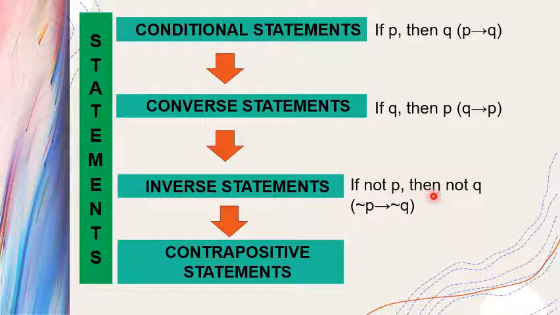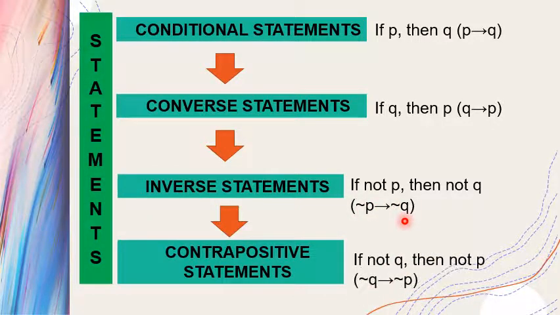If not P, then not Q. This is the symbol of not. If not Q, then not P, that's the contrapositive statement.